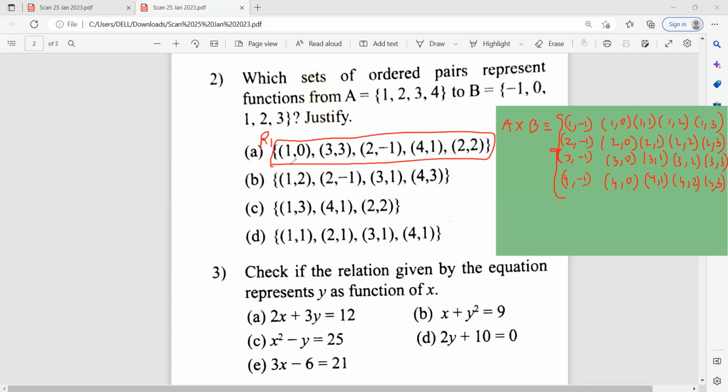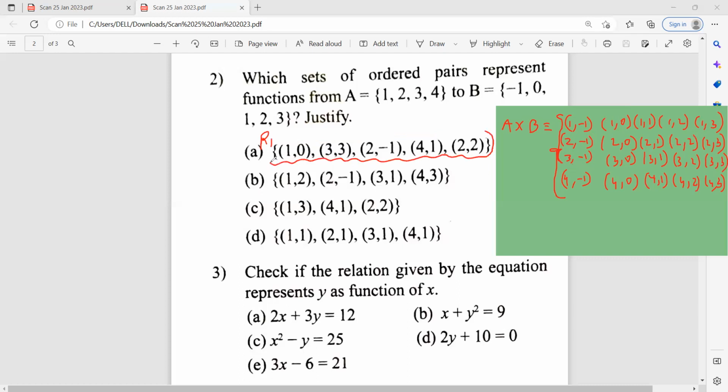Because all the elements here are already there in A cross B. See, 1 0, 3 3, 2 minus 1, 4 1, 2 2. So definitely it is a relation. But now the question is whether this R1 is also a function.